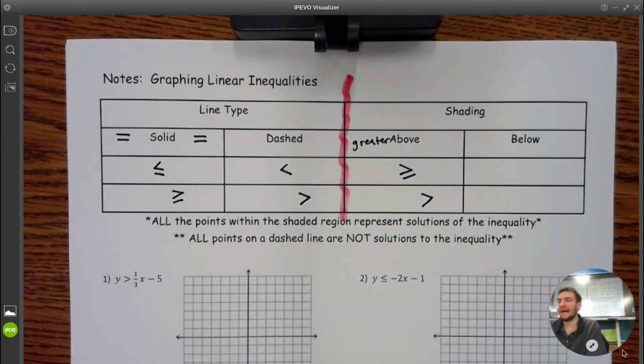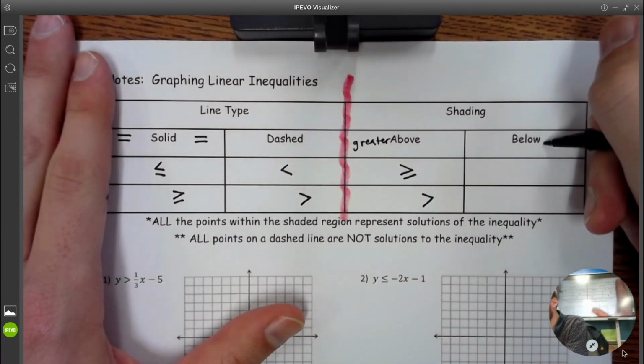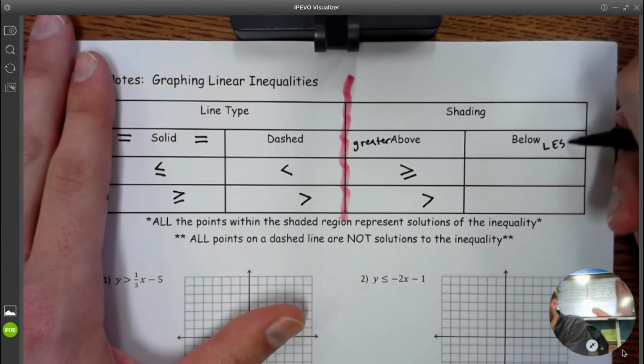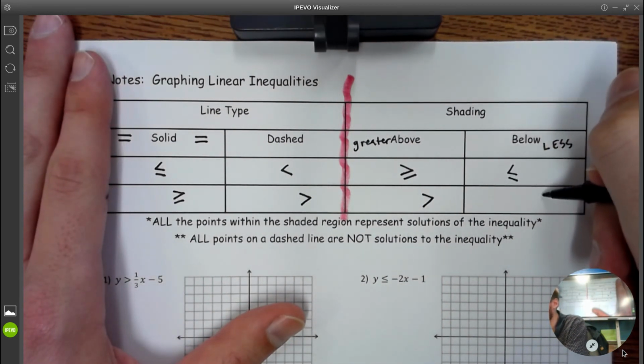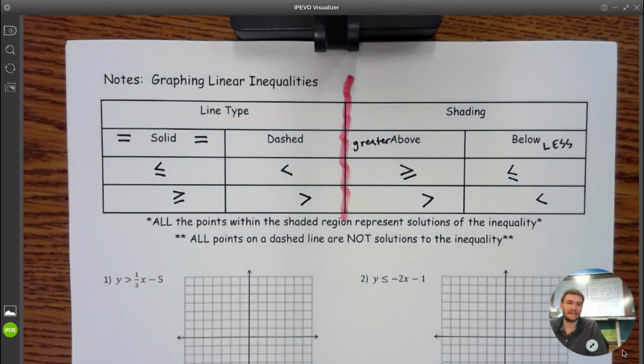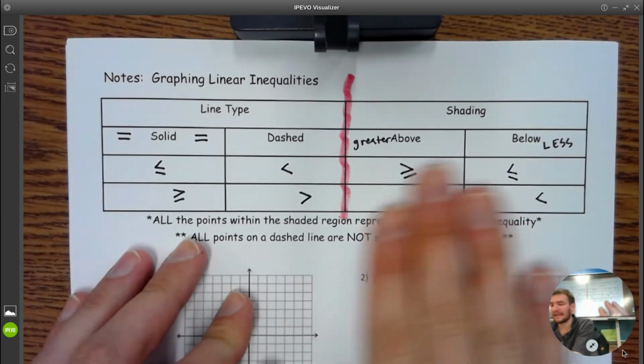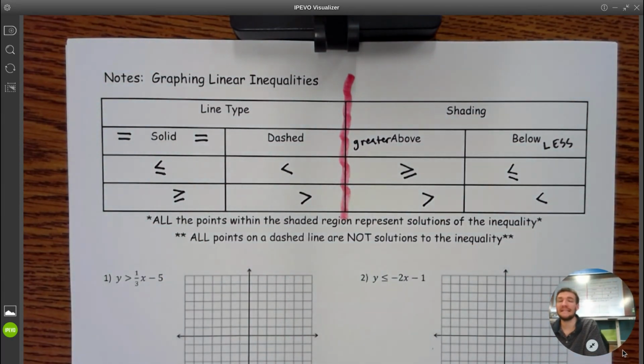Below is going to be anything that is less, like less than or equal to, or just a plain old less. Now you might see a chart laid out like this. This is probably the easiest way to do it.